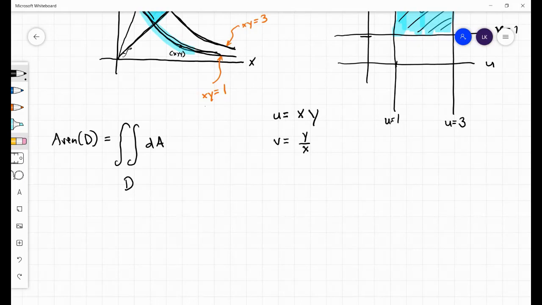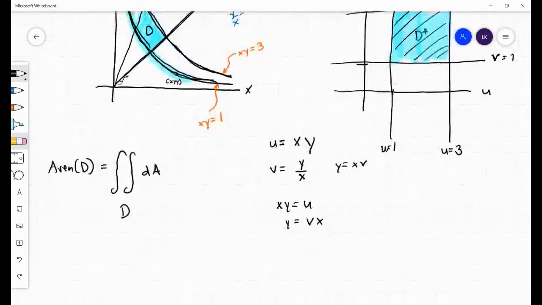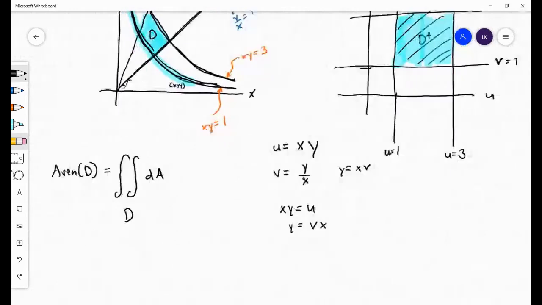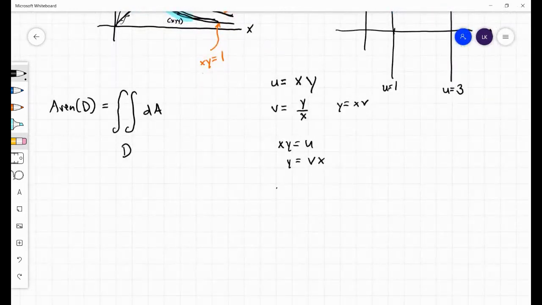Okay. But anyway, so we have x times y equals u, and then we can rewrite this and say that y is equal to v times x, right? I just multiply both sides by x. Now, notice that everything's positive. Nothing's zero, nothing's negative in our domain. So we can just divide one by the other, say, or substitute. Doesn't matter how you think of it. Okay.